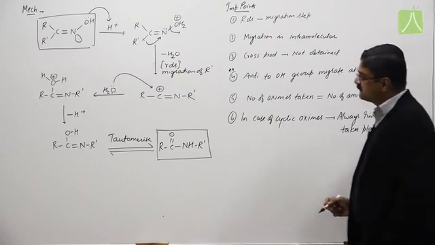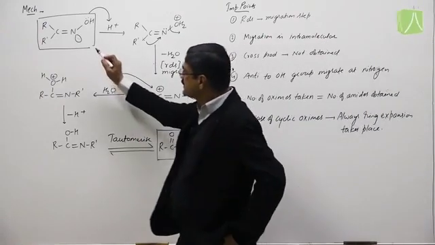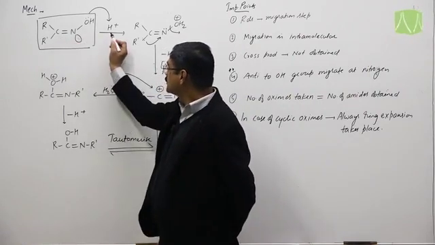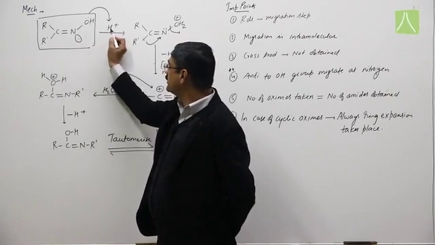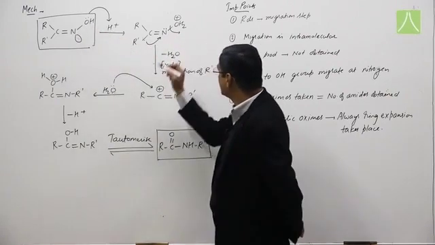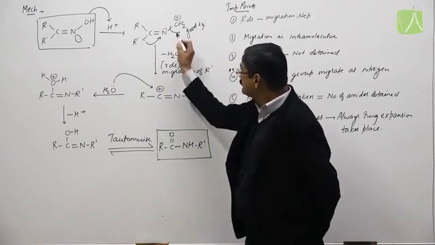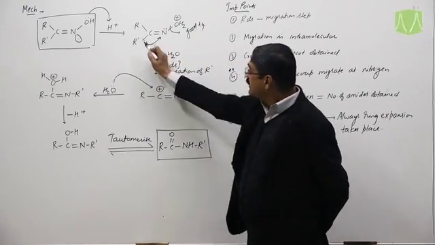Now I repeat the complete mechanism. First I take the oxime, that is C double bond N and OH group. In presence of acidic medium, OH group is converted into OH2 plus, a good leaving group. Now it leaves, then the R group migrates.